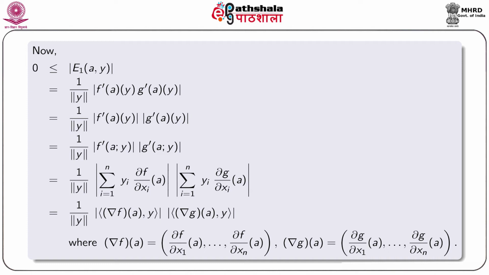We can write the summation of yi del f del xi at a as the inner product of nabla f at a and y, and similarly the second term as the inner product of nabla g at a and y, where nabla f at a is nothing but the vector in Rn whose components are del f del x1 at a up to del f del xn at a. Similarly, nabla g at a is del g del x1 at a up to del g del xn at a.